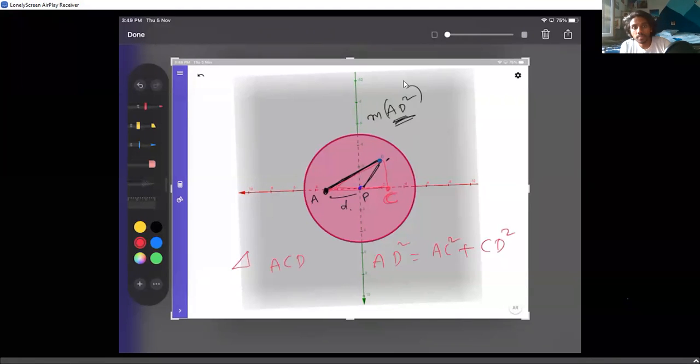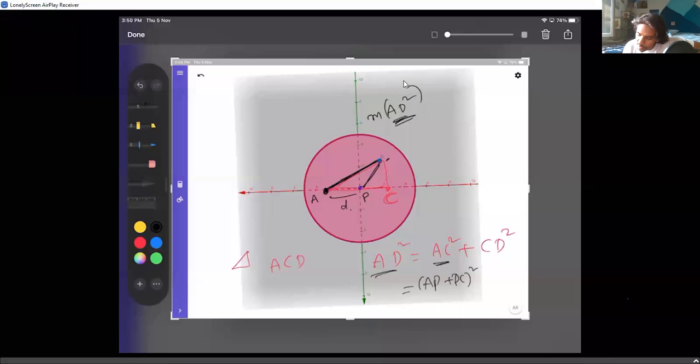Can we do that? Now, we clearly need this value AD square. AD is the distance of the point from the new axis. That is what we need. Now AC is clearly the summation of AP plus PC.